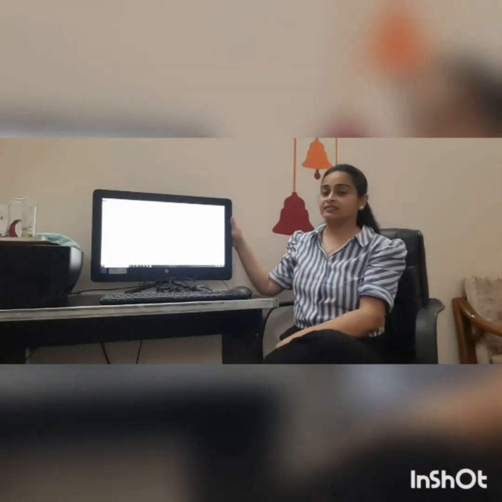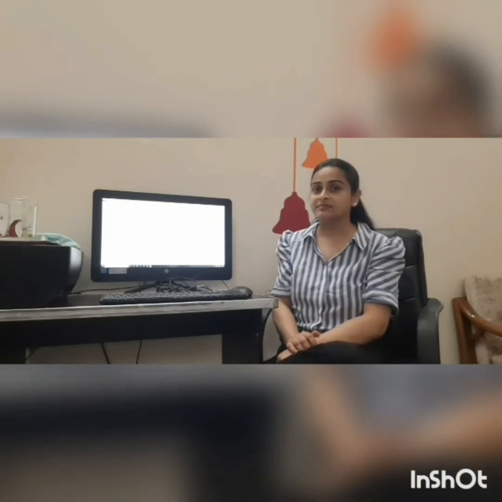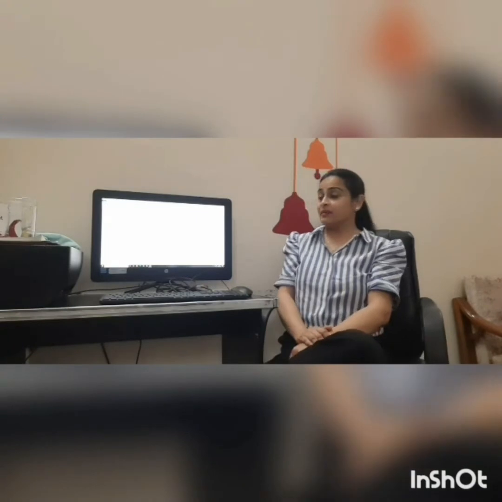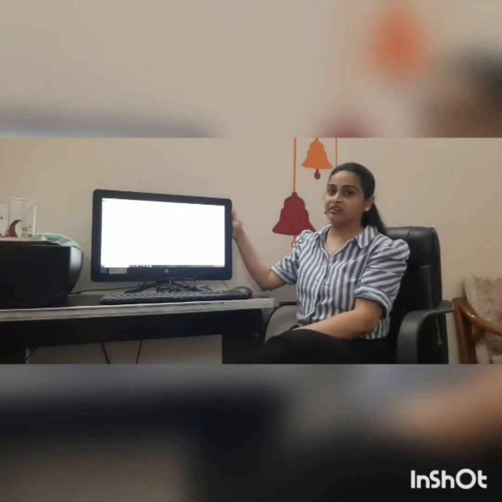And where is the brain of the computer? The brain of the computer is the CPU, right? CPU, what is the full form? I told you last time, Central Processing Unit. My Central Processing Unit is just behind the monitor.